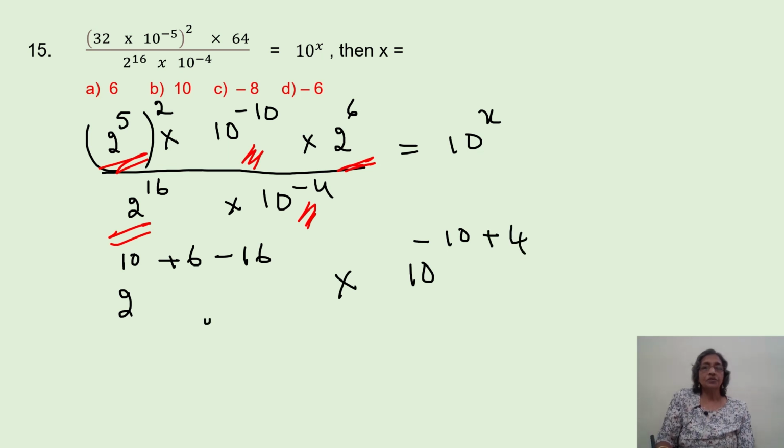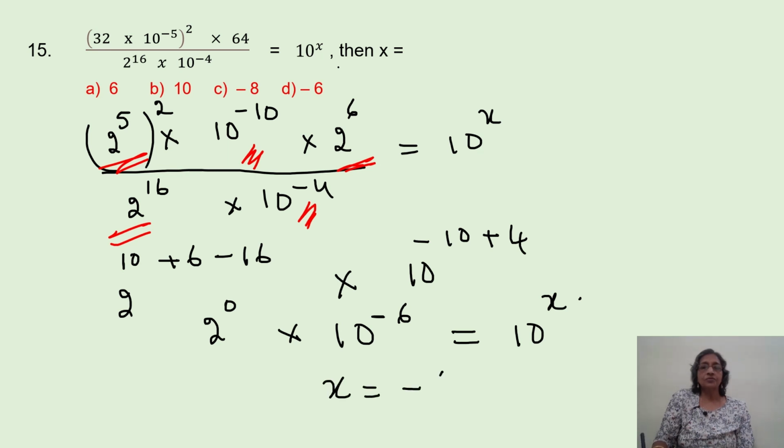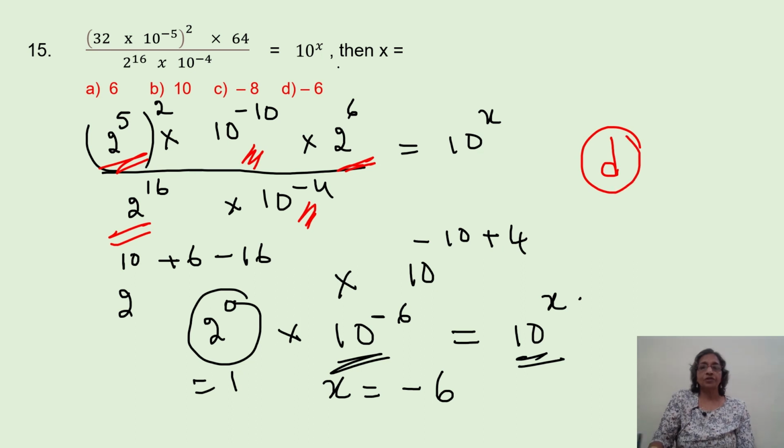So this becomes 2 raised to 0 into 10 raised to minus 6. Now this is all given to you equal to 10 raised to x. So equating the index numbers, we'll get x is equal to minus 6, since the bases here are the same. This anyways will become equal to 1. So our option over here is going to be the D option.